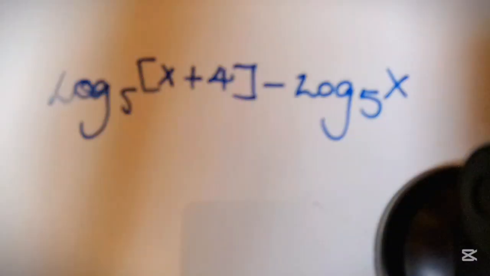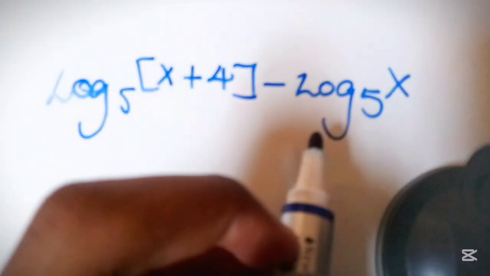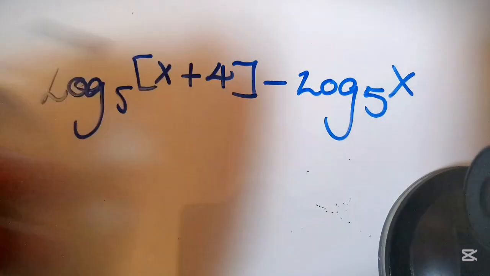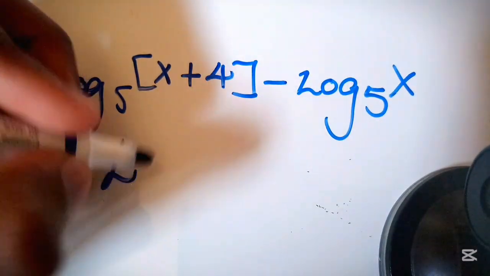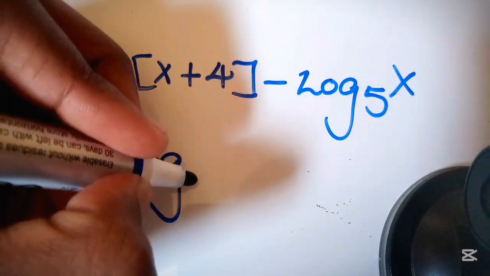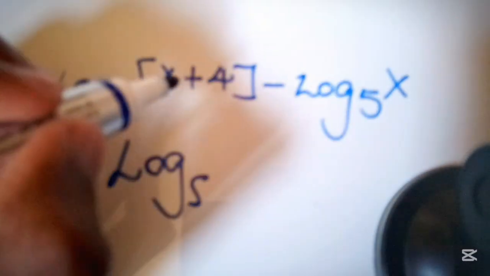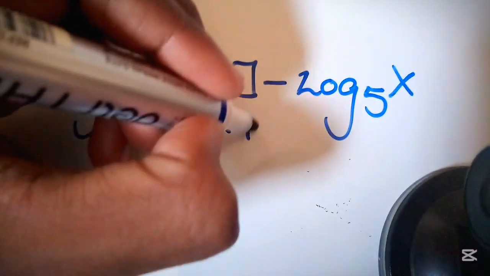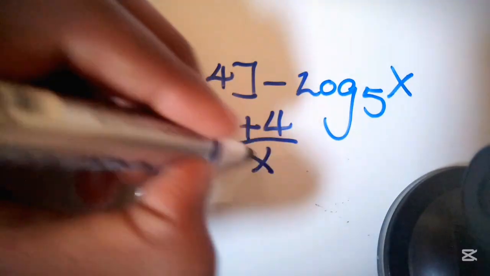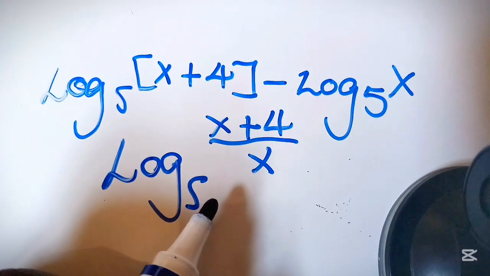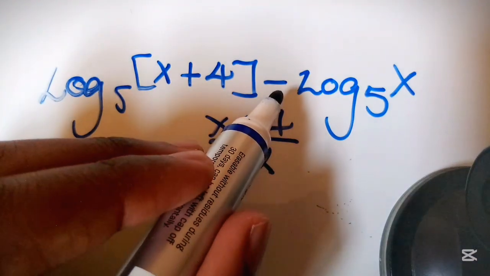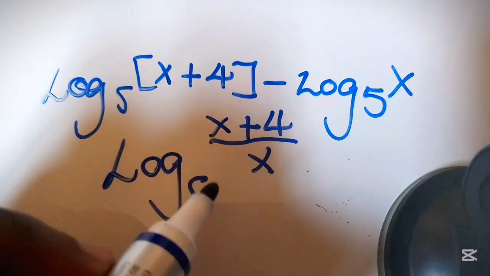Since these two logs with the same base are subtracting, it becomes a single log: log 5 of this divided by this, so (x plus 4) over x. That's our single log, because we're saying minus, so these two divide each other.